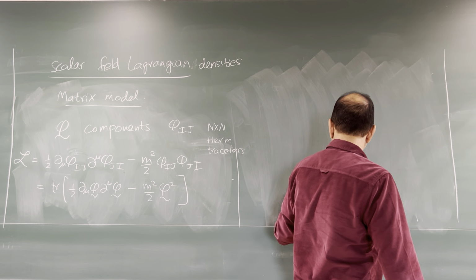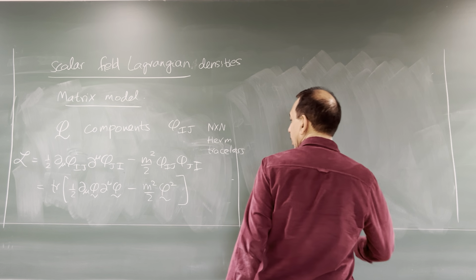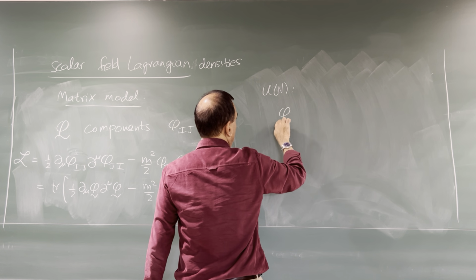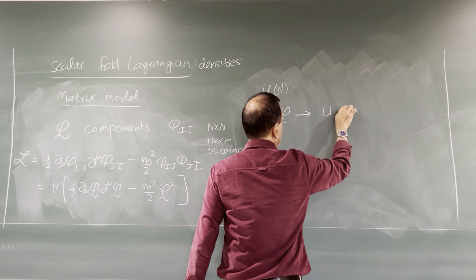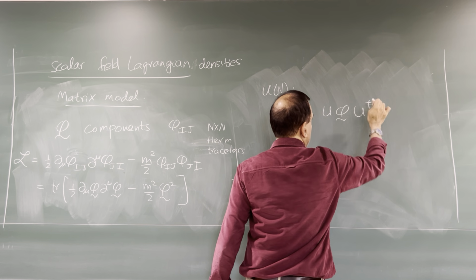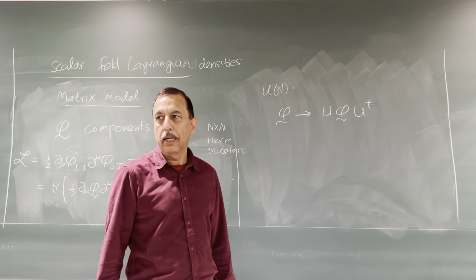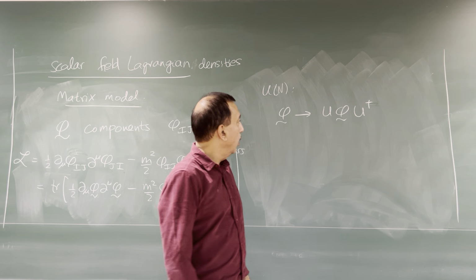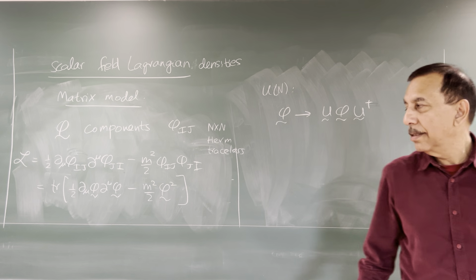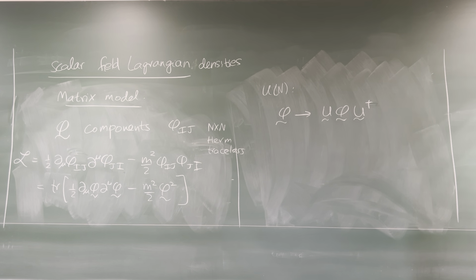And in this case, the symmetry is again U(n), and it acts as follows. Phi, the matrix, goes to u phi u inverse, or u dagger. U dagger and u inverse are the same thing. Okay, so this u also is a matrix.